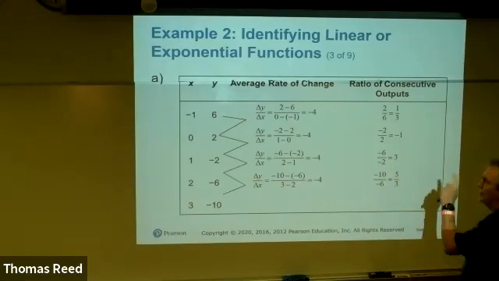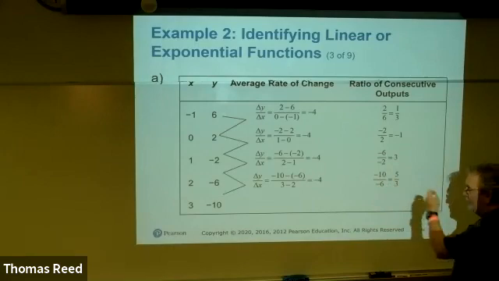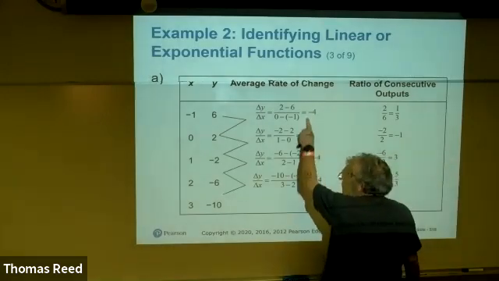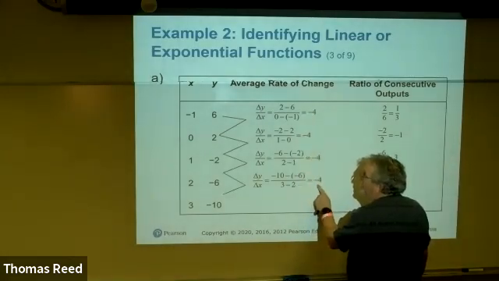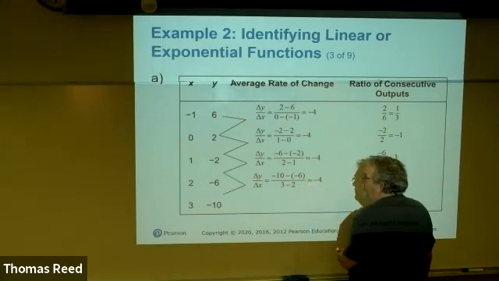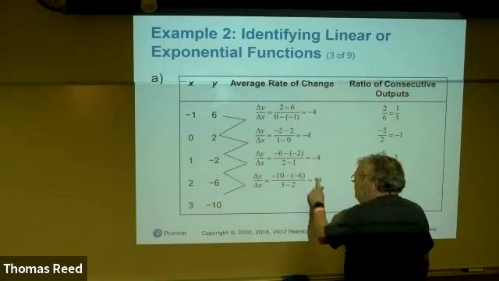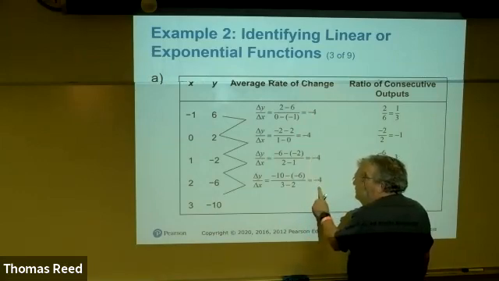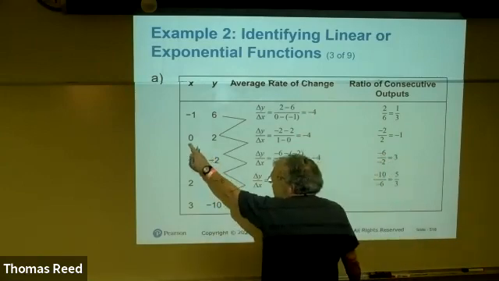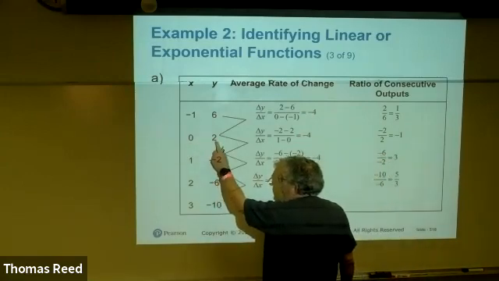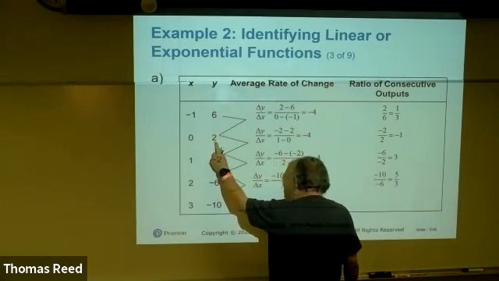But it is linear. This is the slope of the line. Linear means it's a line. And so this would be -4 times x, and where x is 0, that gives us our b value. So it's -4x plus 2.